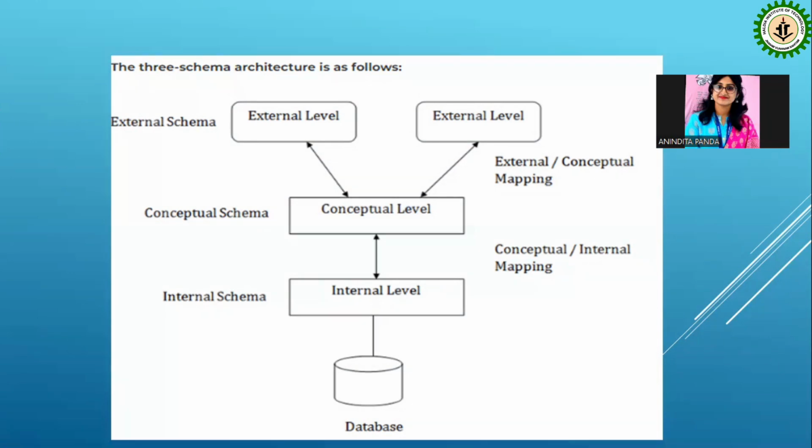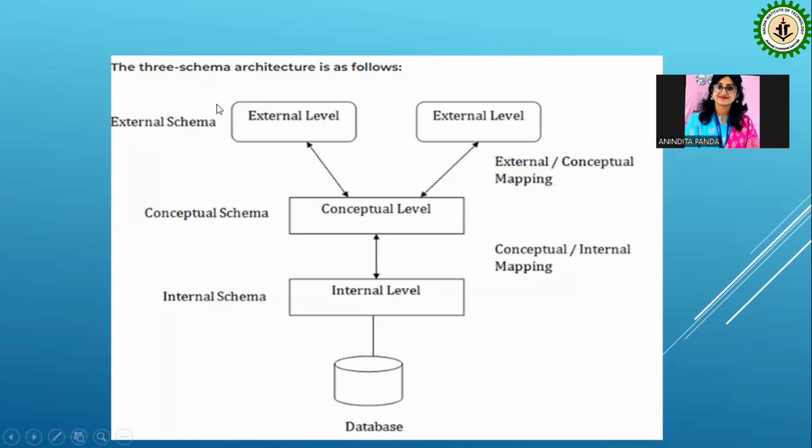For providing data independency, three levels are introduced. What is data independency? Data independency means all the users have some data and the data are stored in some places. So here the main motto is that data should be independent. The users do not know where their data is present.